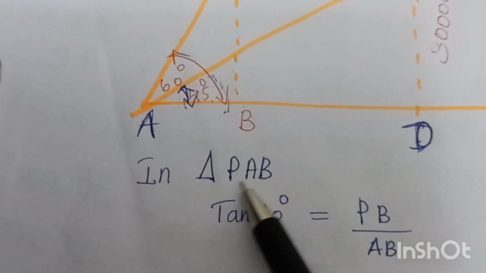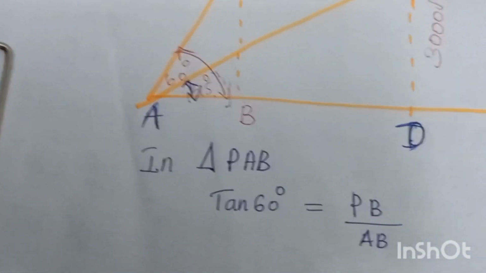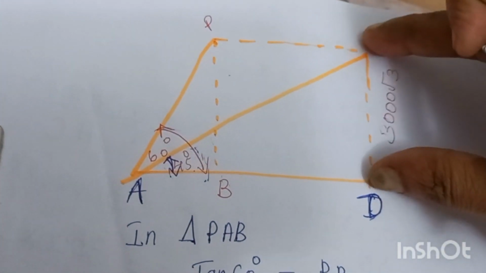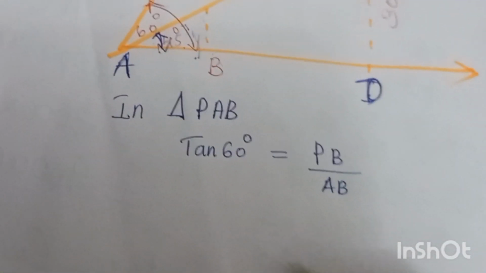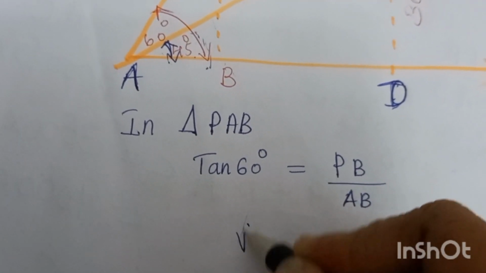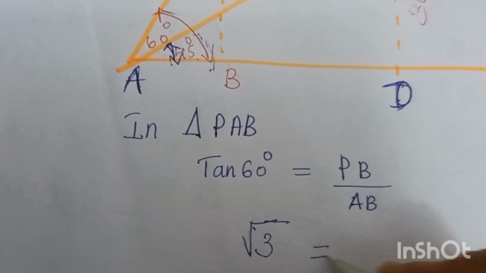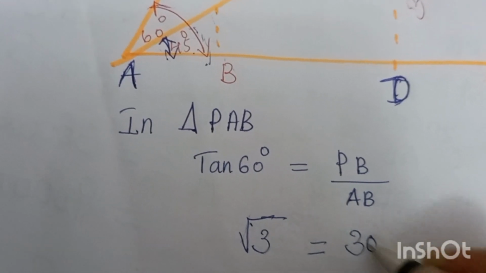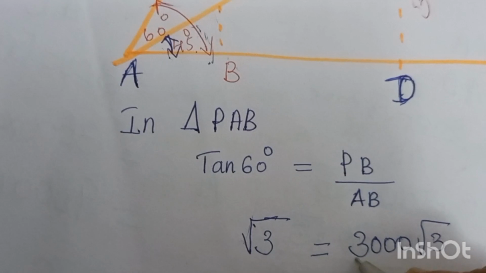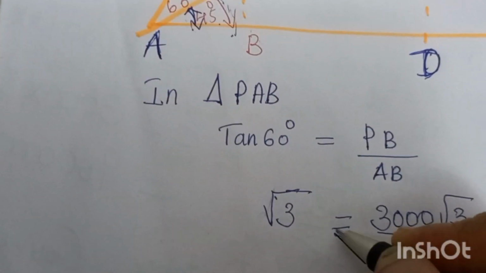Then in triangle PAB, tan 60 degree is equal to PB divided by AB. So PB, this measurement is same as this measurement, that is 3000 root 3. So tan 60 degree is equal to how much? Root 3. We already know that from the trigonometric table. So root 3 is equal to 3000 root 3 divided by AB. Just cross multiply this.